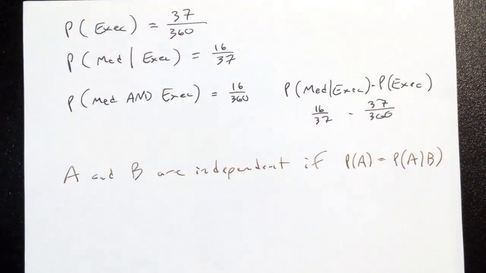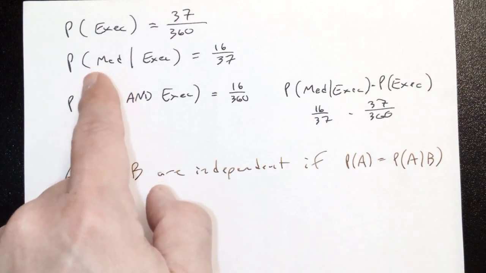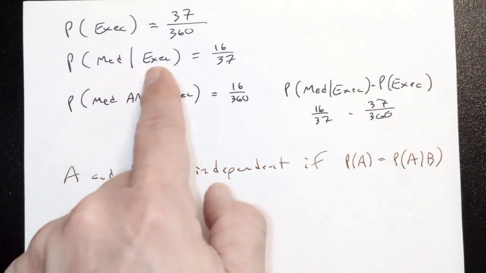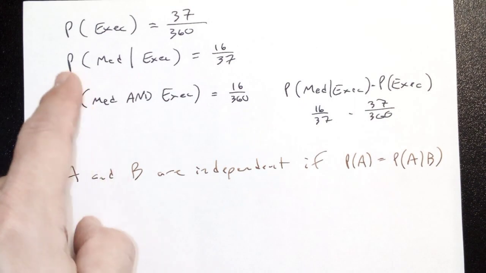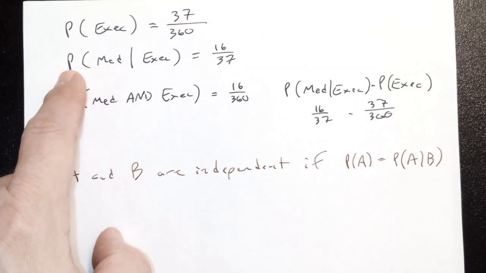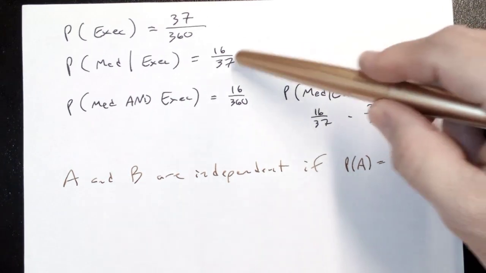Okay, so I don't have the other P of A. If my two events are in the medium engagement given the executive, what do I need to compare that to? If I want to know if medium engagement and executive program are independent, what do I need to compare this number to?